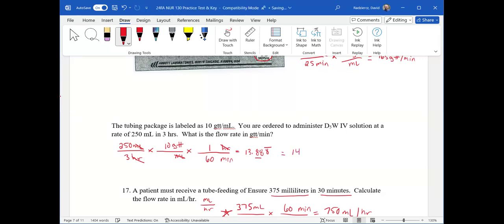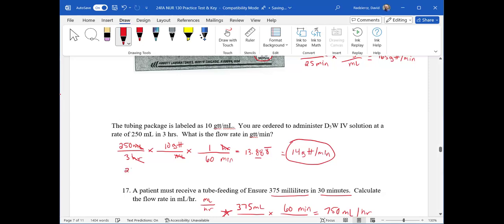So I'm going to round that to 14 drops per minute as your answer. Do not write 13.9. You will get that wrong if you even have a question where there are decimals involved. You probably won't, but if you see it, now you know.